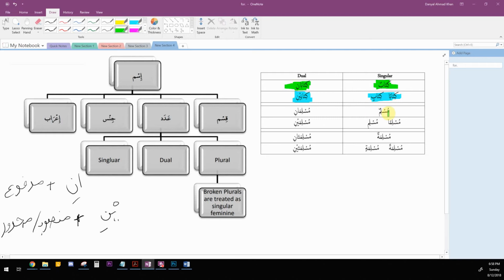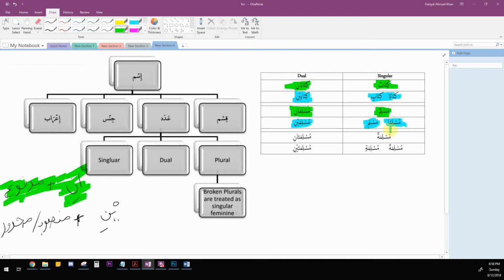Next we have muslimun, and for marfu' you add the alif nun sound, and that's muslimani. And similarly again, for musliman and muslimin, in the case of mansub and majroor, you add the ayni sound, muslimayni.